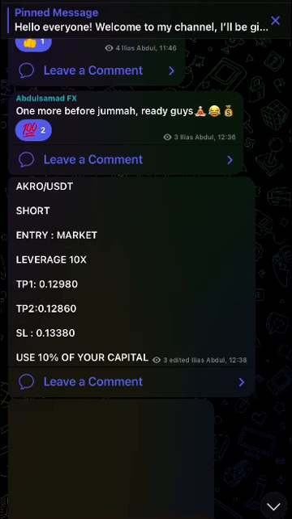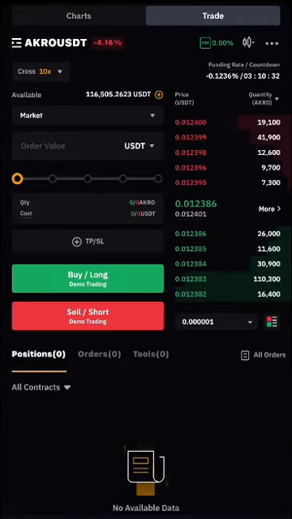TP1 means take profit. That is a particular place where, when the market reaches it, you secure your profits automatically. I will show you everything, but for now, once you see this entry market, you need to be fast and enter the market at that moment. Use 10% of your capital. This is what it means.